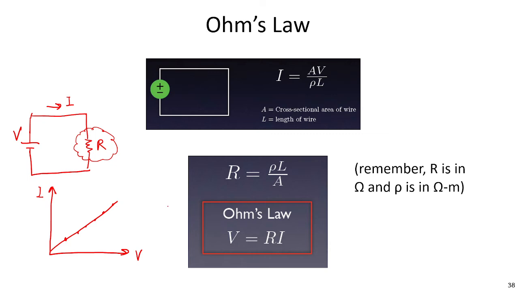And the slope we call the resistance, R. V is I times R. In this case, I is here, V is here, and the slope is called the resistance of the equipment. V equals R times I.